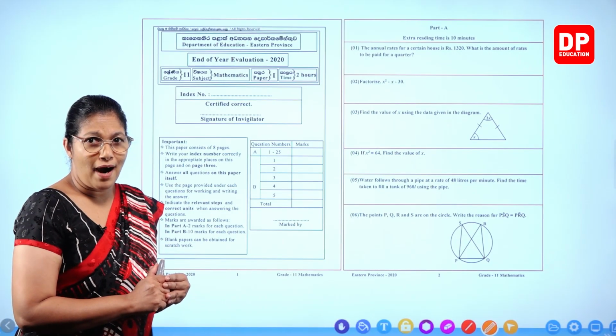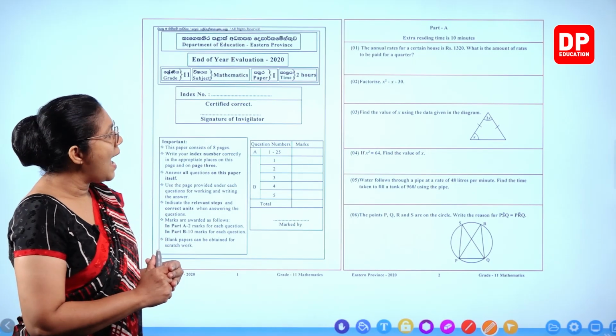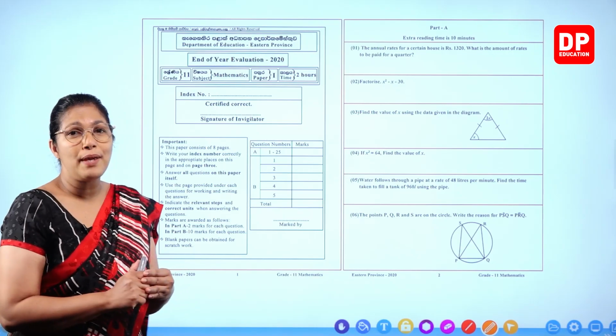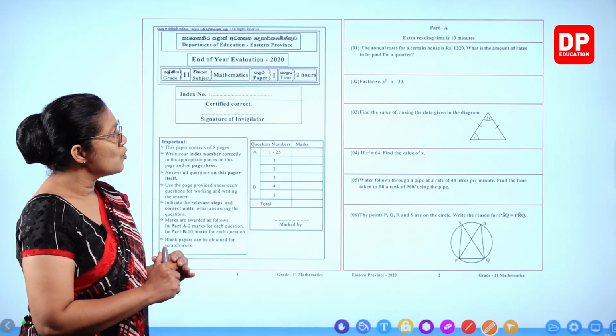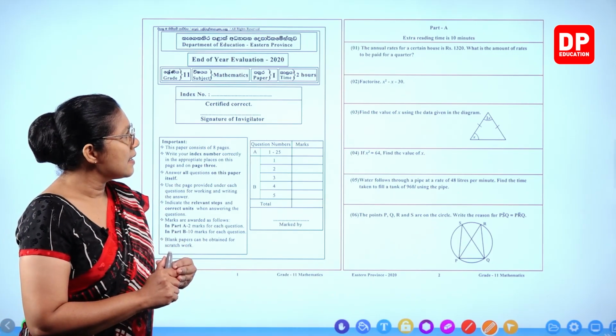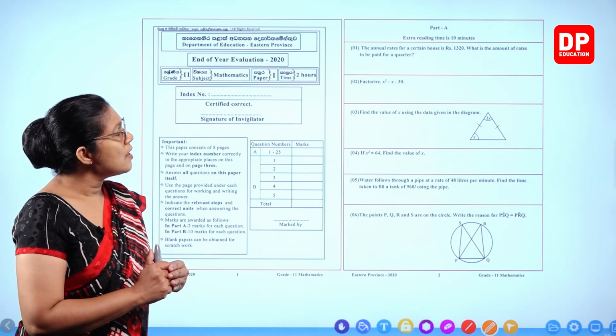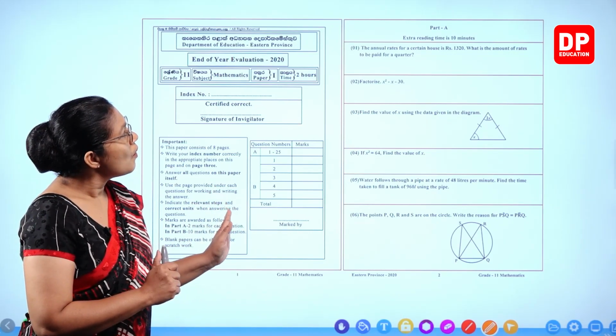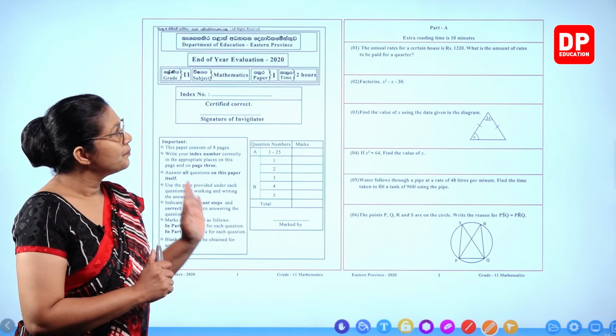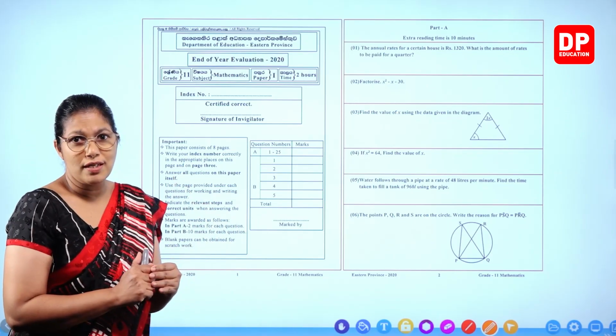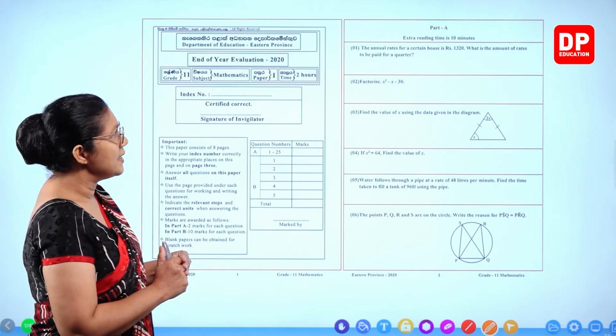Each question in part A is worth 2 marks and each question in part B is worth 10 marks. So try to complete part A within 1 hour. That means for one question, try to take less than 2 minutes.